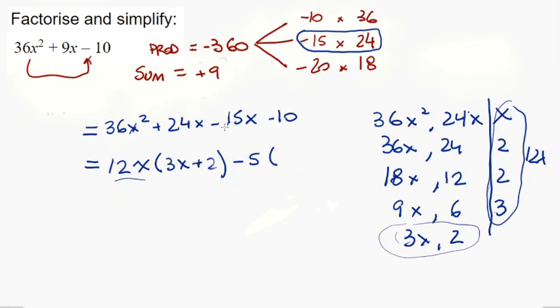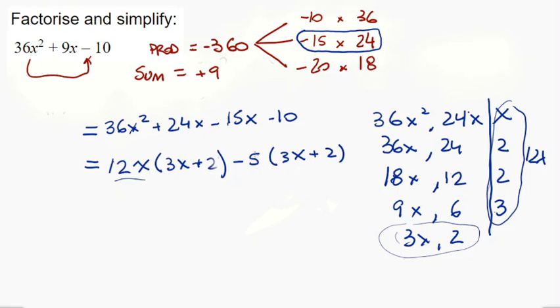So negative 5. If I divide negative 15x by negative 5, I'll find 3x. Or you can ask, how much do I have to multiply negative 5 by to get negative 15x? 3x. Next term, negative 5 and negative 10. If I divide negative 10 by negative 5, I'll get plus 2.